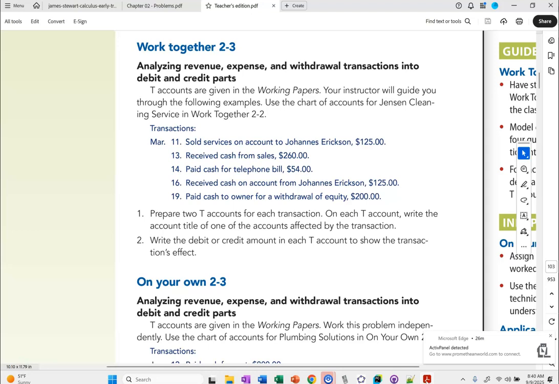We said cash and utility expense, right? Cash is what type? Asset. So if we're paying $54, that 54 is a credit, so it's on the right. Utility expense is equity.